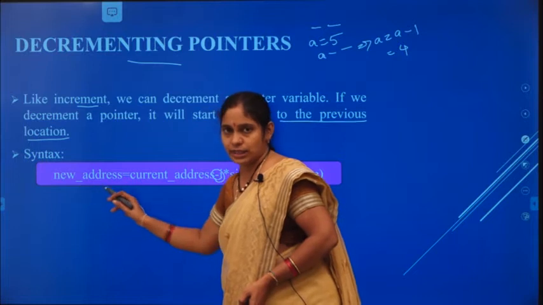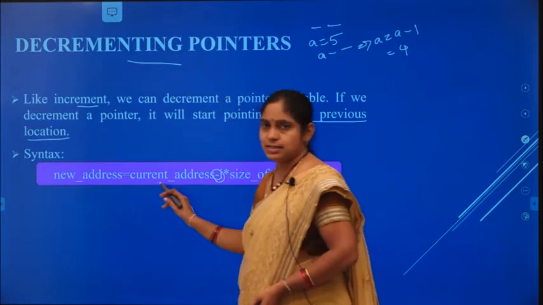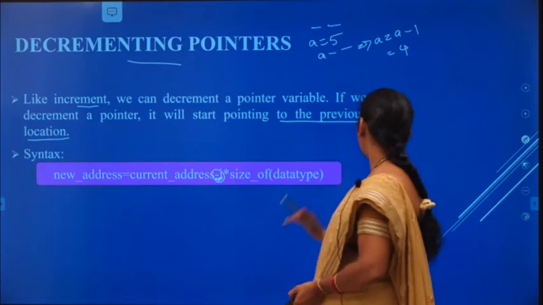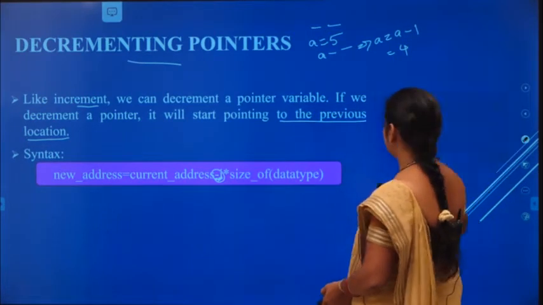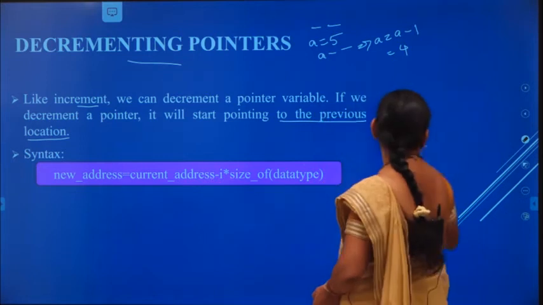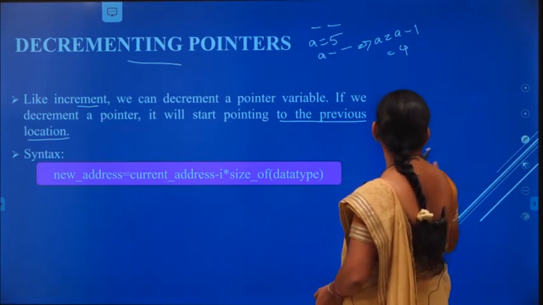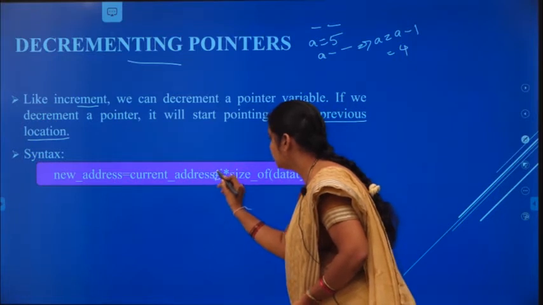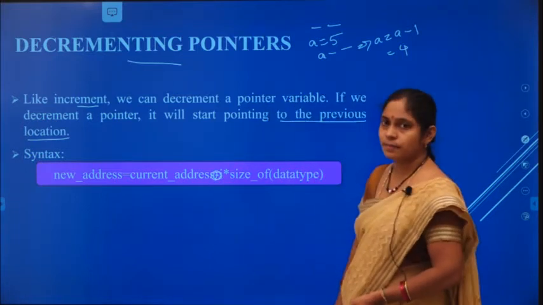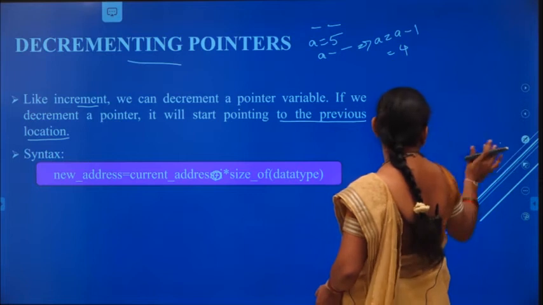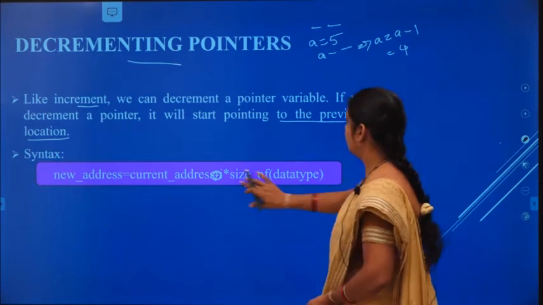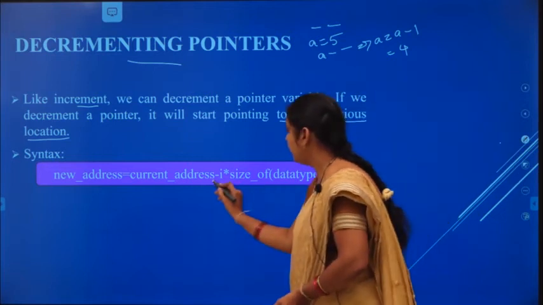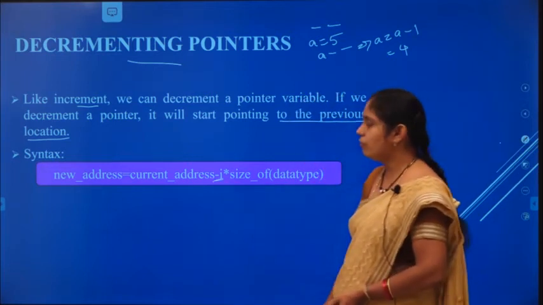The new address equals the present address, nothing but the current address, minus i into the size of the data type, right? i into size of data type.